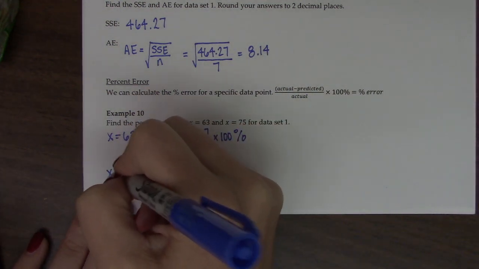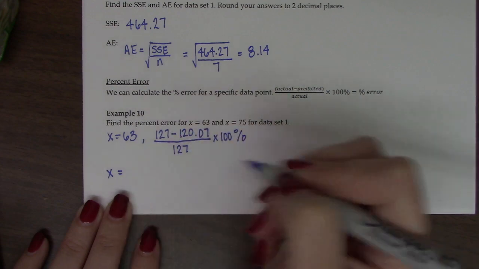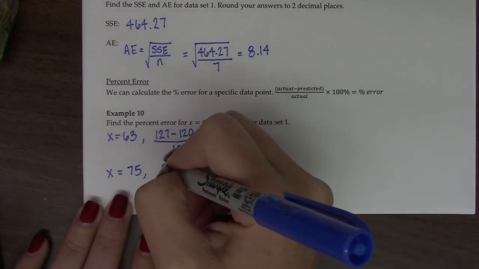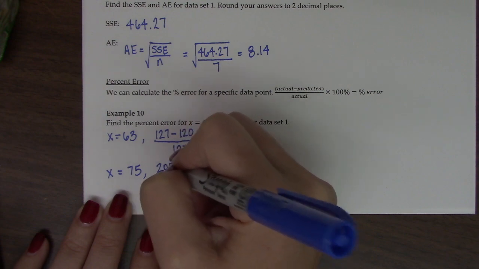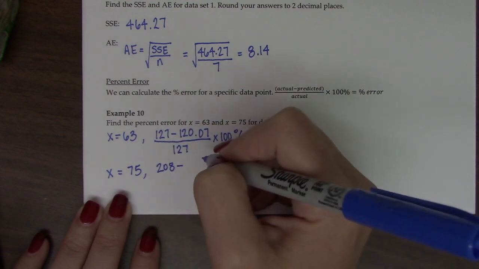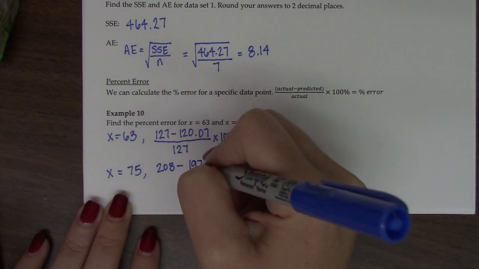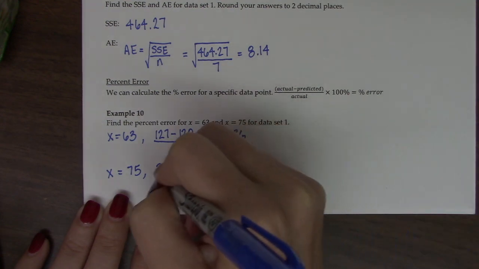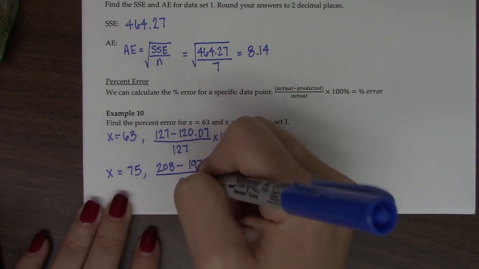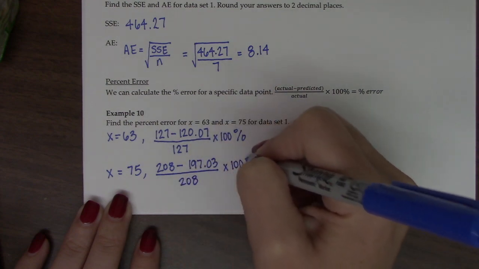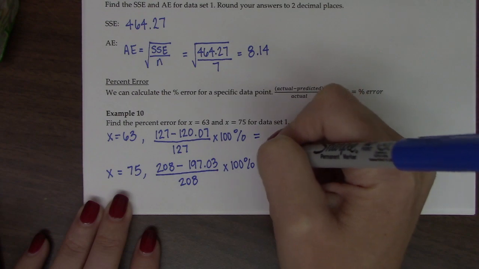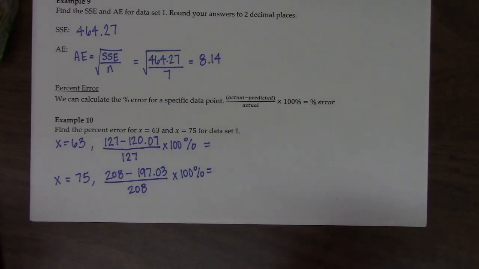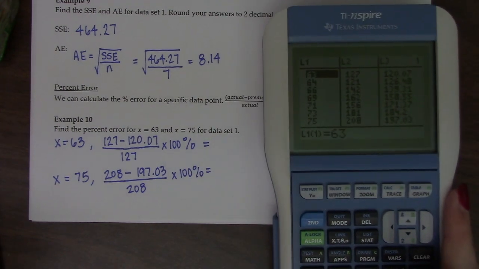I'm also going to go ahead and fill in, and then we'll use our calculator to calculate these. So for 75, the actual y value was 208. The predicted y value was 197.03, over the actual value, times 100%.